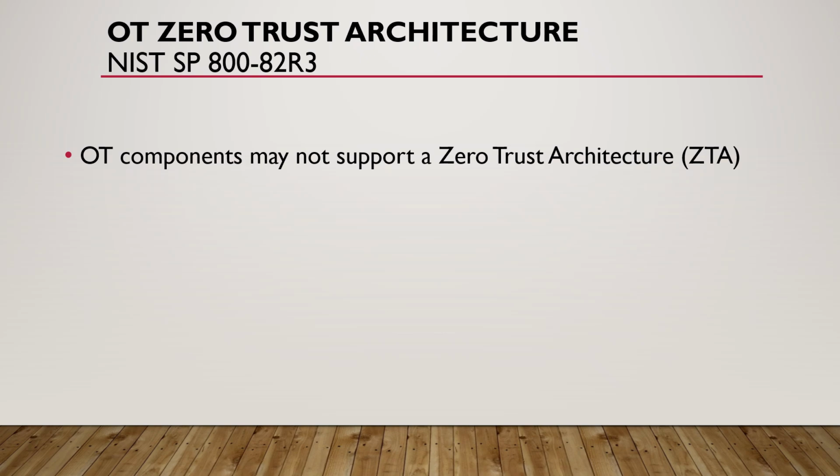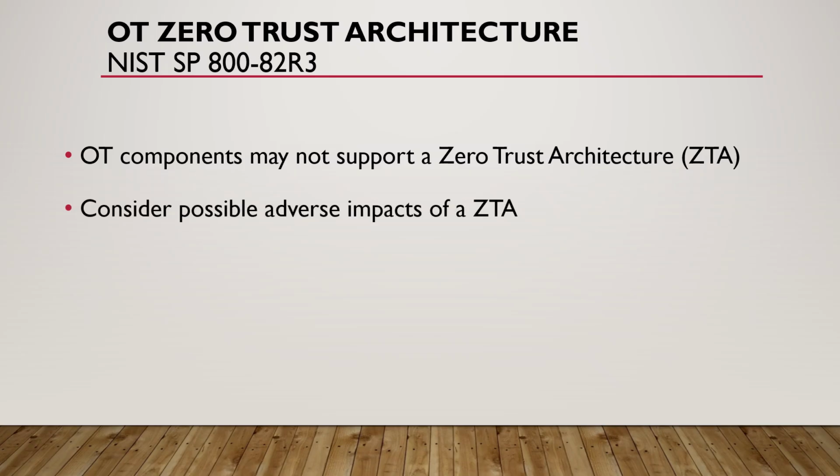As a result, a Zero Trust architecture implementation might not be practical for some OT devices. Instead, organizations should consider applying Zero Trust compatible devices, such as those typically found at the functionally higher levels of the OT architecture.